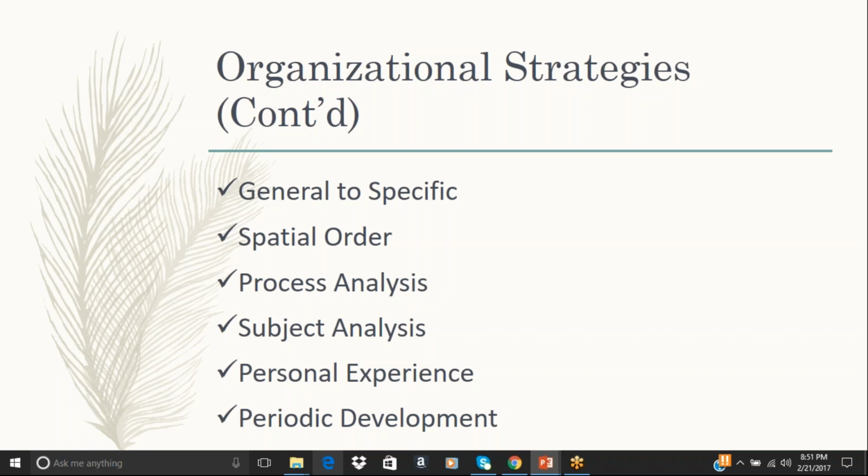Spatial order is the layout. Process analysis is explaining something in terms of the process involved. So I'm going to be doing an expository presentation on how to cook ackee and saltfish. I'm going to have to explain the process in a step-by-step kind of format. So process analysis works for exposition because if you're giving information, you may need to inform your reader of the steps or the processes involved in whatever it is that you are talking about.